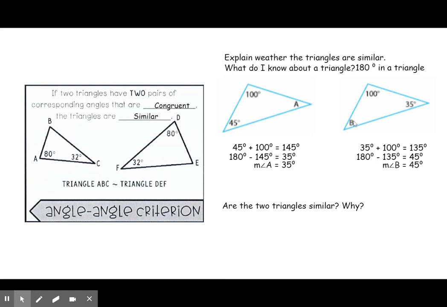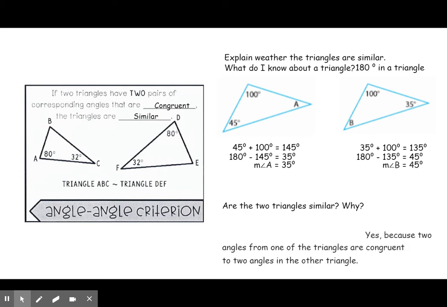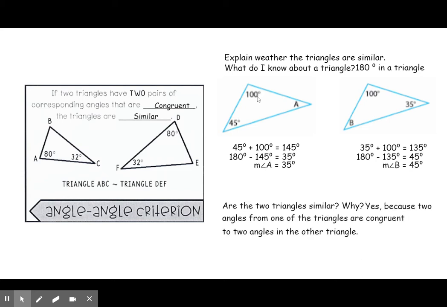Then it wants to know, are the two triangles similar and why? We know in order for two triangles to be similar, they need two pairs of corresponding angles that are equal. Looking at my corresponding angles, up here I've got 100, here I've got 100, we're good. Here I've got 35, and here I also have 35 because we solved for A and got 35.